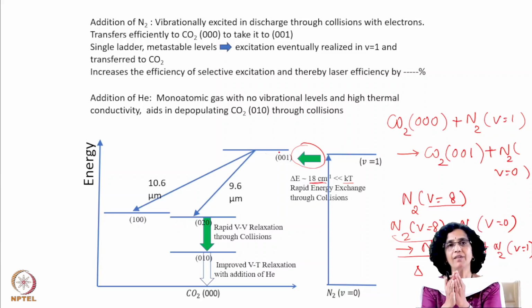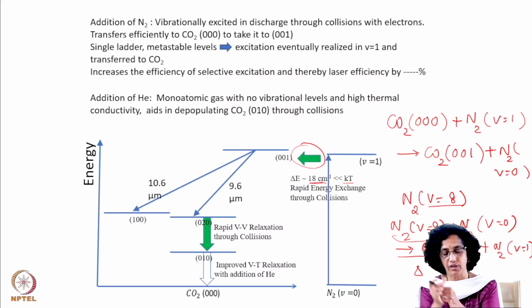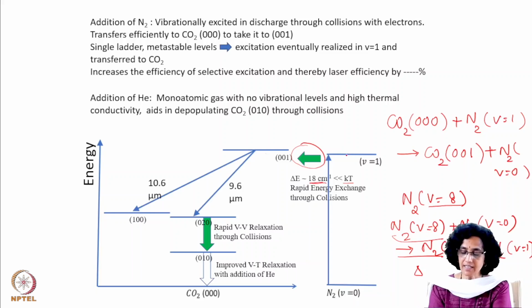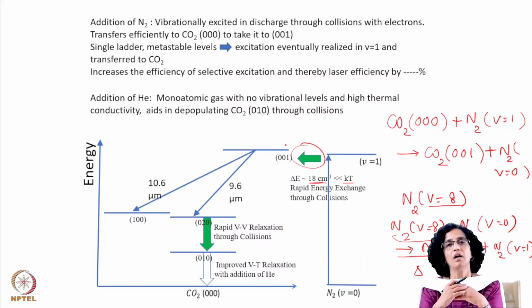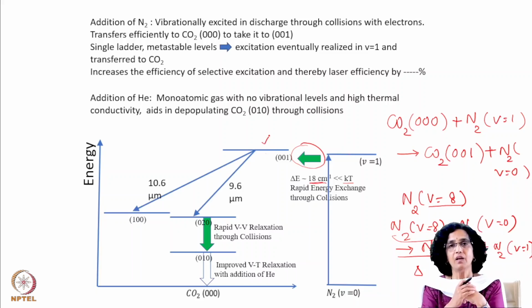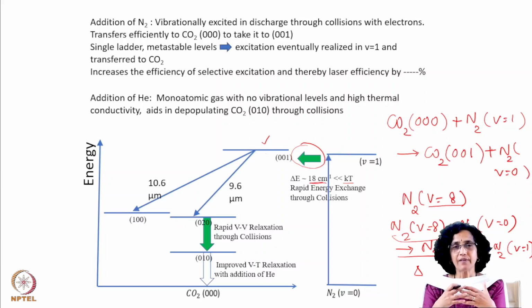So nitrogen basically acts as a storehouse of vibrational energy, which it transfers to the CO2 molecule in the ground level, and this efficient transfer of energy gives rise to selective excitation of the upper laser level 001. I hope you have understood how the introduction of nitrogen into the CO2 laser gas mixture improves the selective excitation.